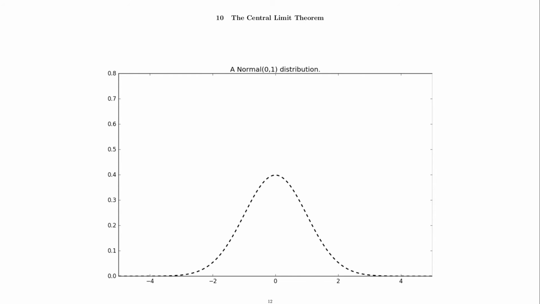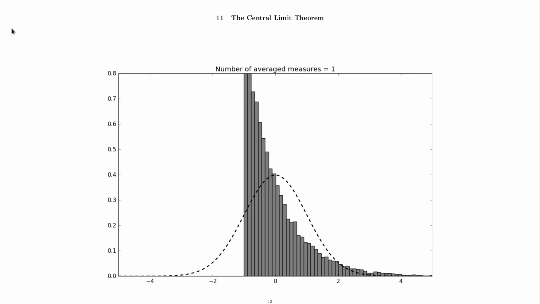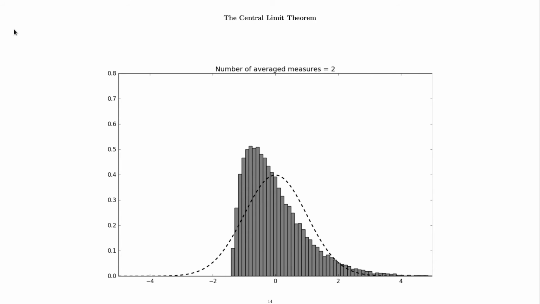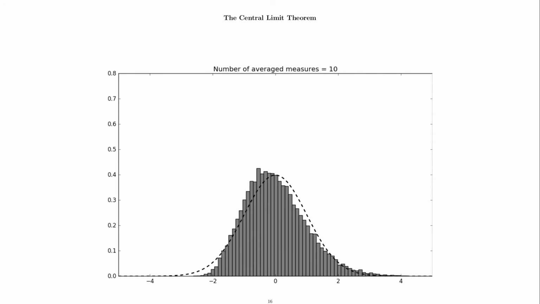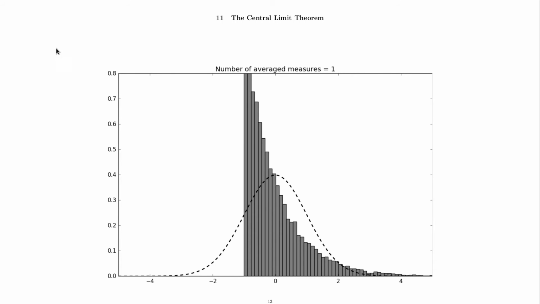Okay, so now that we've seen some of the distributions of random variables, let's talk about the central limit theorem. To motivate this, I'm going to show you a series of empirical distributions, and then we'll come back and talk about what we've just seen. All right, so let's look at that again. Let's focus on this number up here.